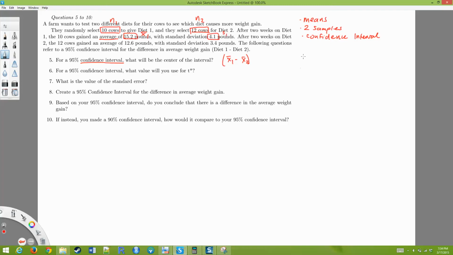So N1 is 10, x bar 1 is 15.2, S1 is 4.1. N2 we have 12, and then 12.6 pounds is our x bar 2, and S2 is this number right here, 3.4.